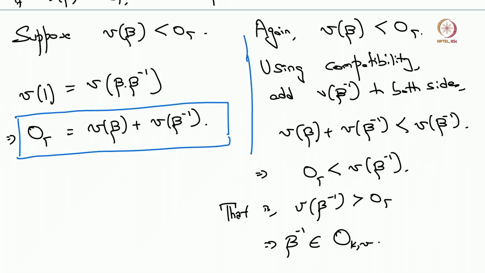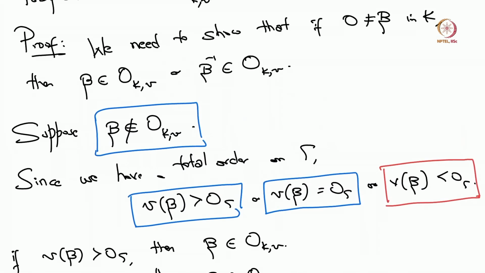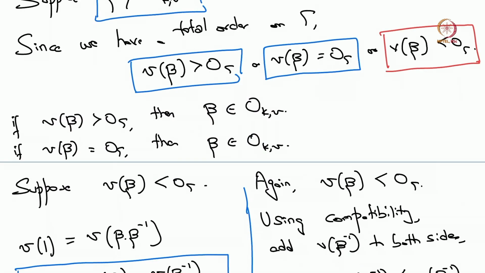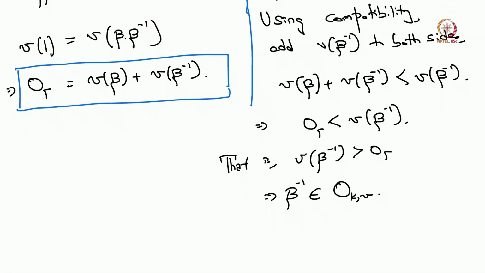Okay, so we've shown that this valuation ring OKV is in fact a V ring, because we've shown that if the non-zero element beta doesn't belong to OKV, then its inverse in fact belongs to OKV. So we've actually shown something stronger.